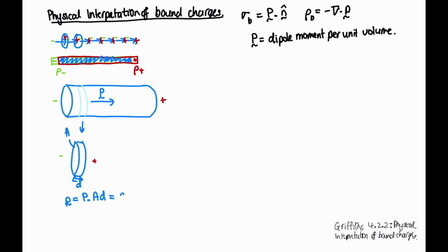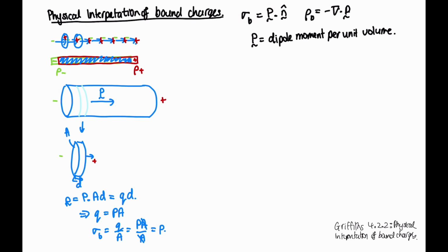So this tells us that the charge is equal to PA. And so if we want to get the surface charge density, that's going to be equal to Q over A, which is equal to PA over A, which is equal to P, which is consistent with this equation for this case because our normal is parallel to the polarization vector. So we've shown, at least for this case, that it's consistent with that through physical reasoning.